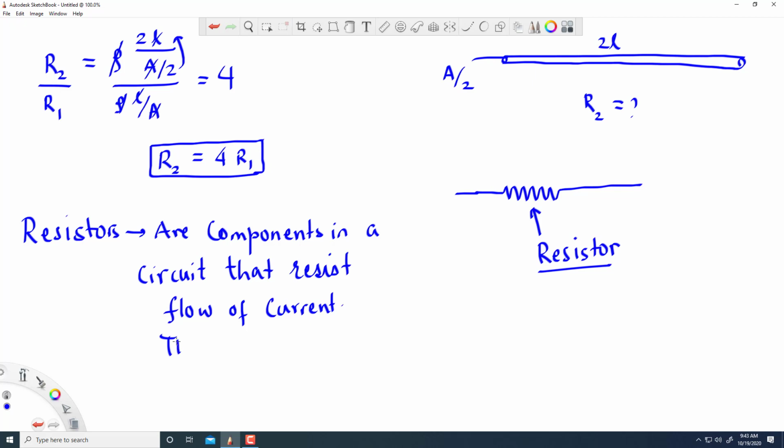Basically, they control current flowing in a wire. You can change the amount of current flowing through a wire by introducing resistors in the circuit, because they offer resistance. So, you can decrease the current by increasing the resistance.